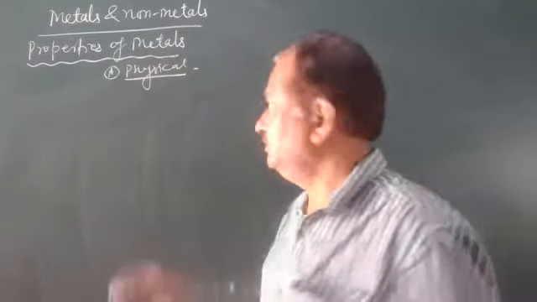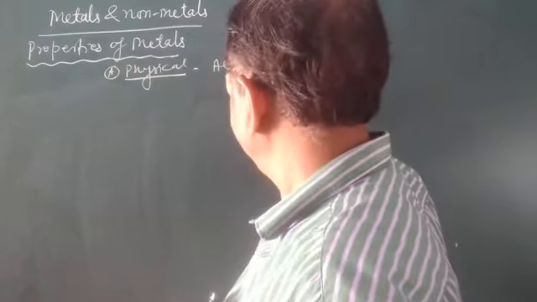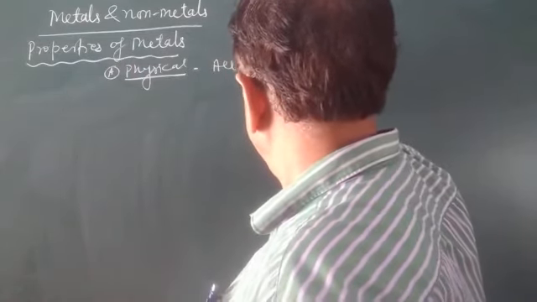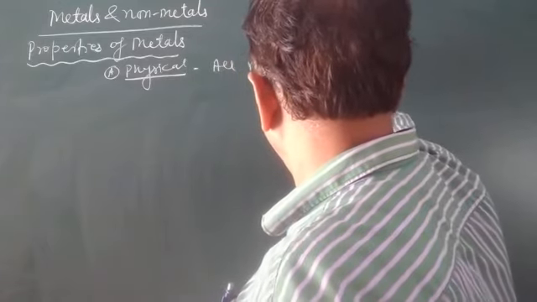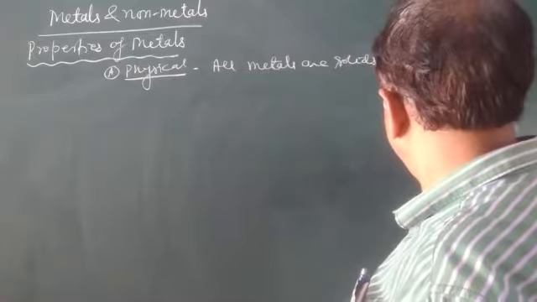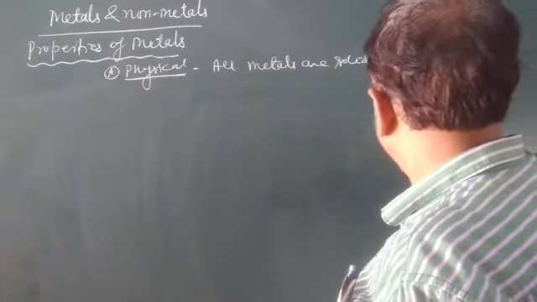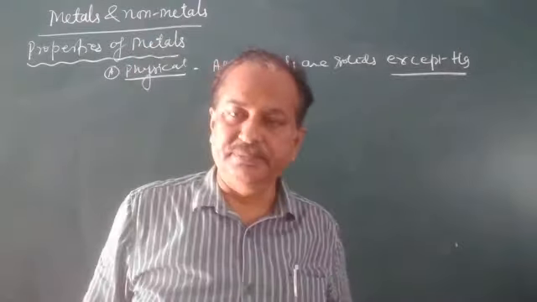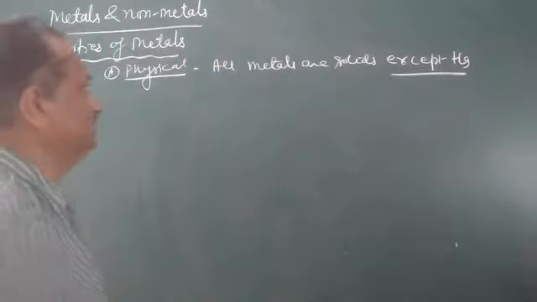All metals are solids except Hg. Mercury is the only metal which is liquid at room temperature. So this is the first point.